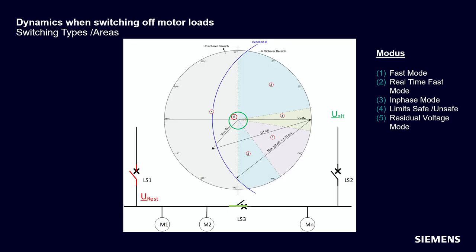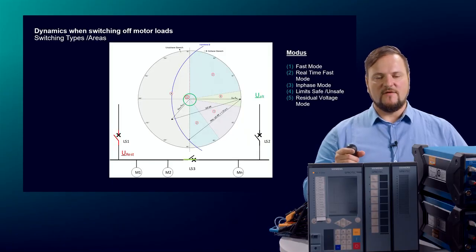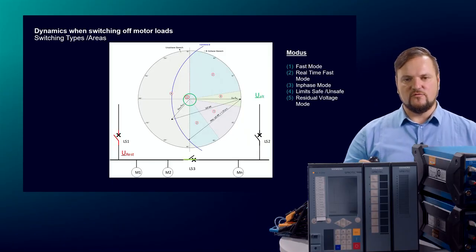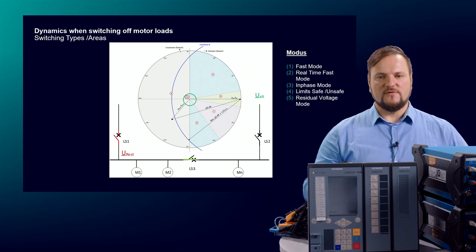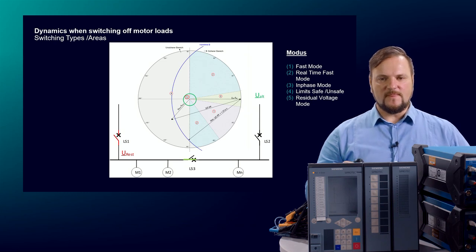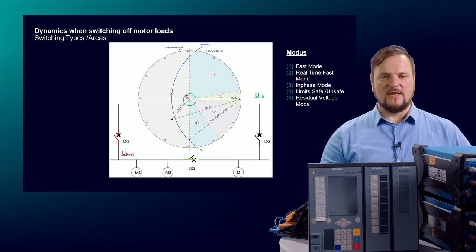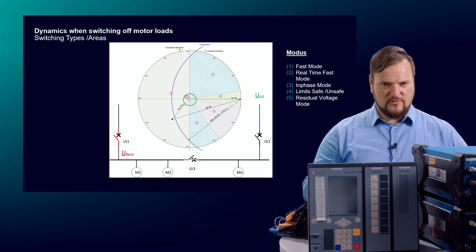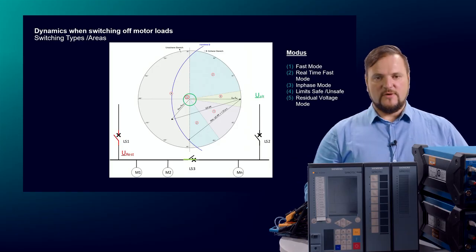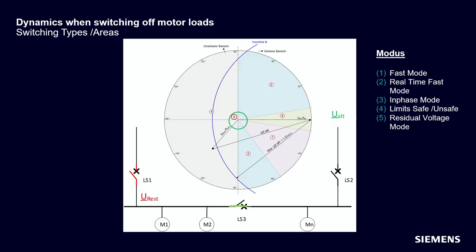Now we have the first part, which is the purple one. This is the part of the fast mode. Then we have the light blue part, 2 times, which is the part of the real-time fast mode. And last but not least, the light green one is the in-phase mode. In all these areas, we can transfer.